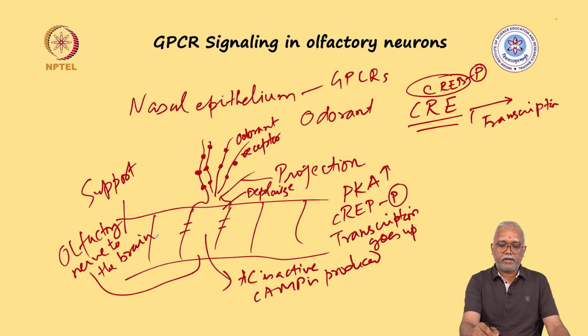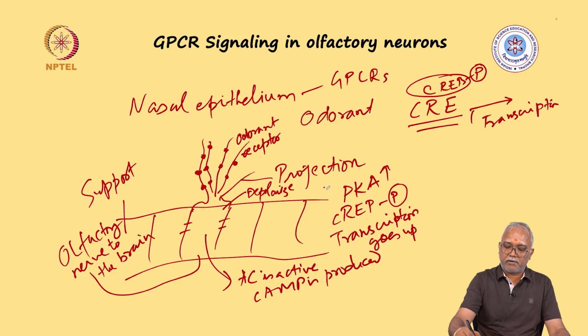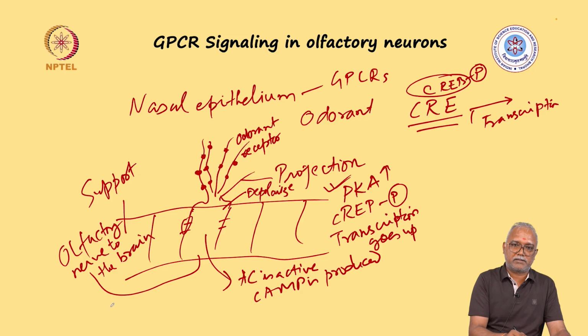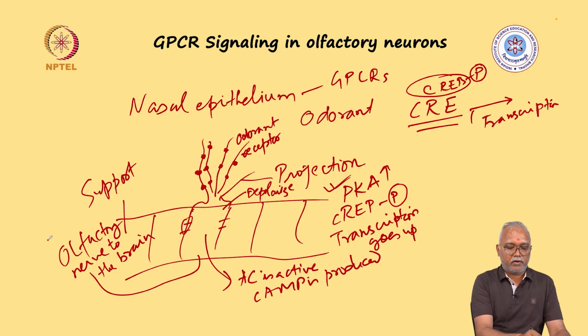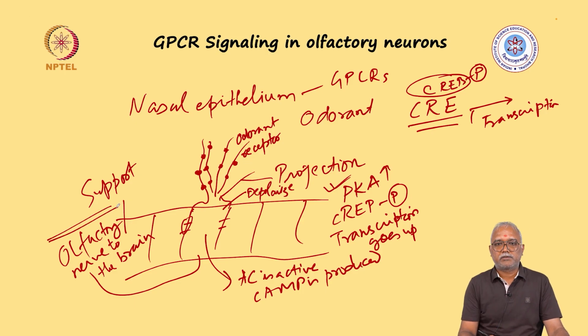So, binding of odorant activates the GPCR, which activates this process and PKA. PKA now activates some of these channels present on the membrane of this neuronal cell, which depolarizes the membrane, and this depolarization is an electrical signal which is transmitted to the brain for perception of sensory olfactory cues.